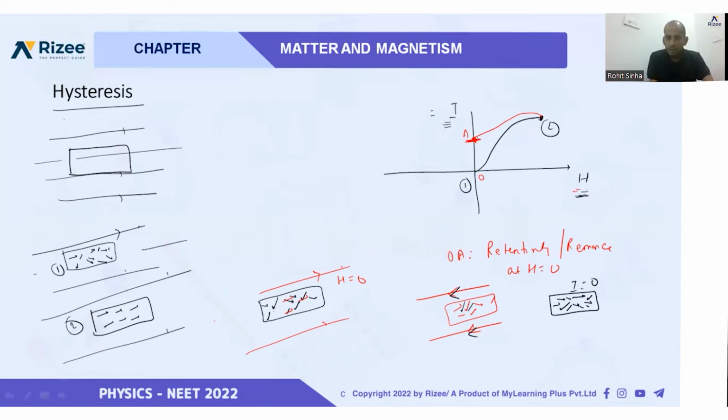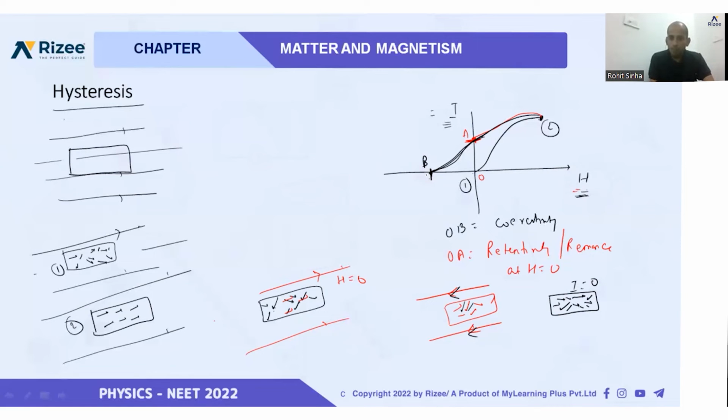After some time, at some value of negative H, we will see that the intensity has become 0. Let us say this value as B. OB is called coercivity.